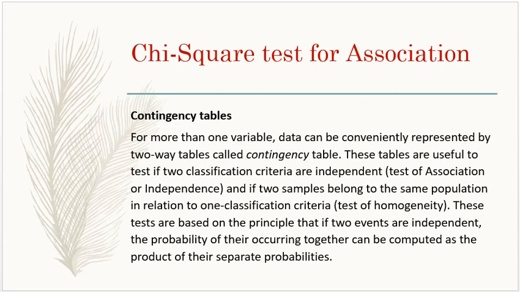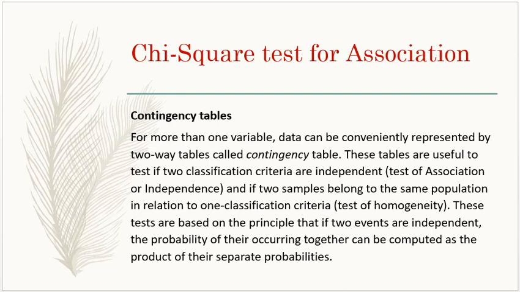Okay. Now next we define a contingency table. To find out whether two characteristics are associated or not, we have to tabulate them in a two-way contingency table, which you have already studied in your first semester classes.